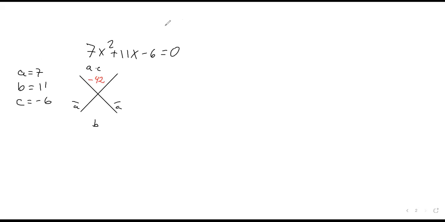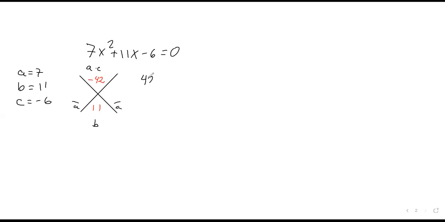They don't have a common number that divides them. And B is going to be 11. So now we have to find two numbers that multiplied are negative 42 and added are 11.